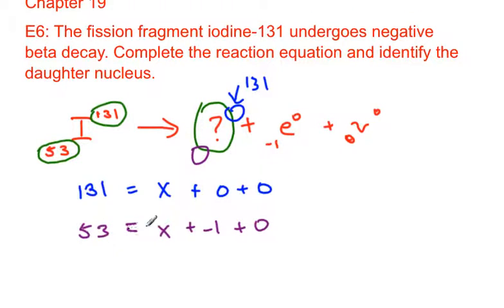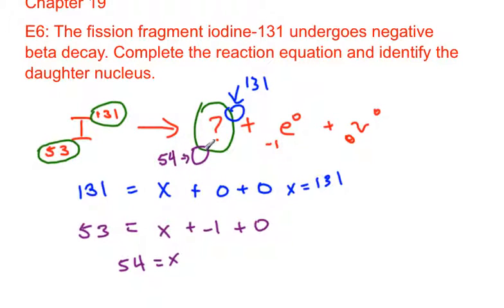Okay, so 53 is equal to x plus a -1. So this must have one more proton than this iodine. So we have 54 is equal to x there, and the blue x was 131. So this is 54.